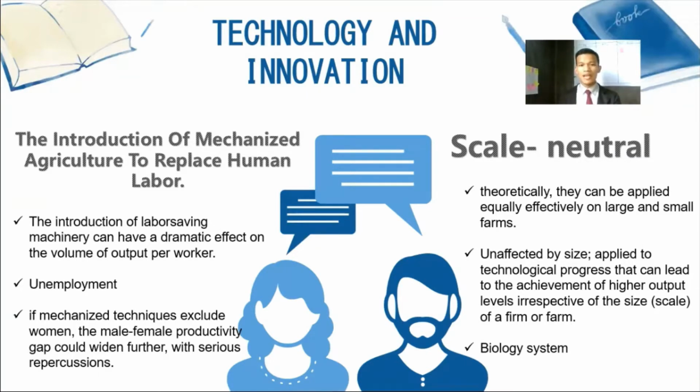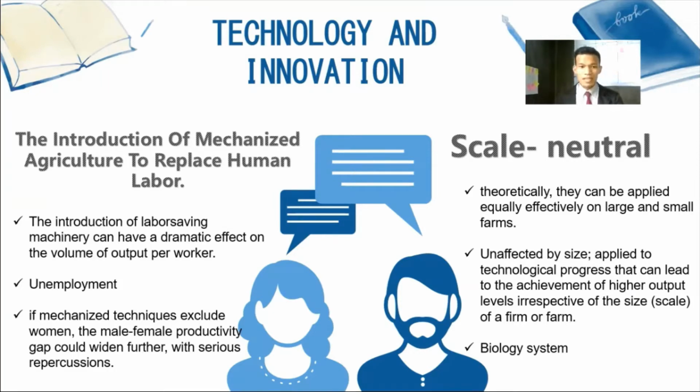In technology and innovation, we have two major sources: one is the introduction of mechanized agriculture to replace human labor, and second is the scale neutral. Okay, the introduction of mechanized agriculture to replace human labor.